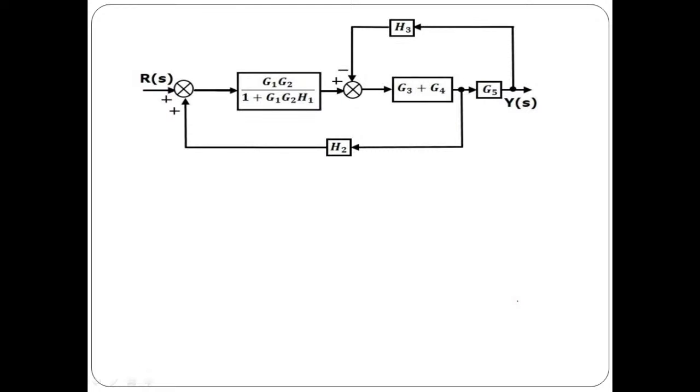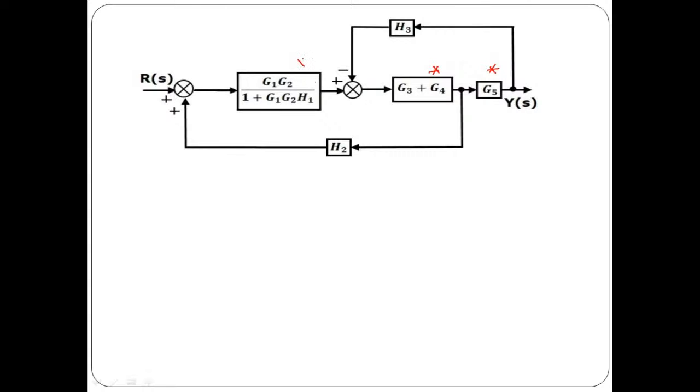Now what we need to do? Now here we need to identify whether there is any possibility of blocks in series, or blocks in parallel, or elimination of feedback loop. That is important. Now this block and this block are not in series. Why? Because they have a takeoff point in between them.